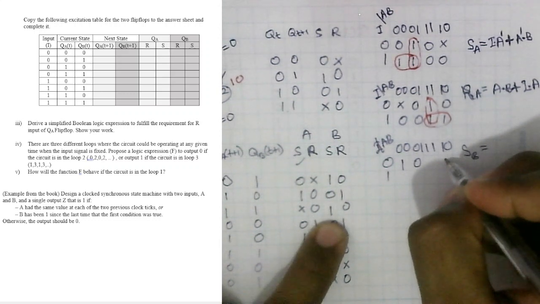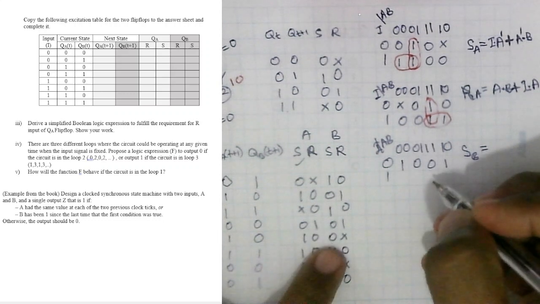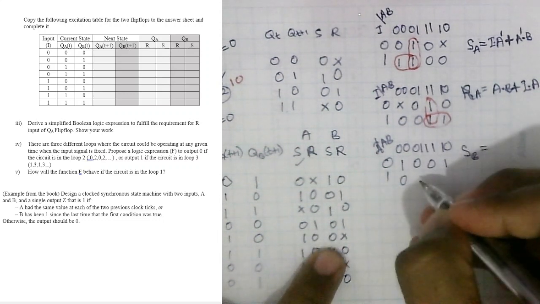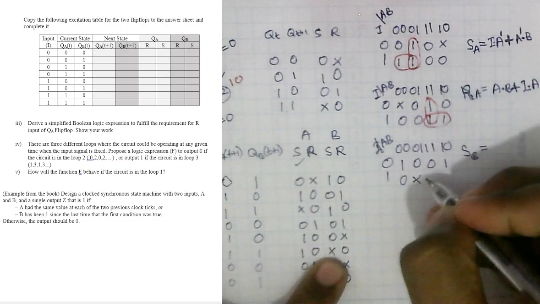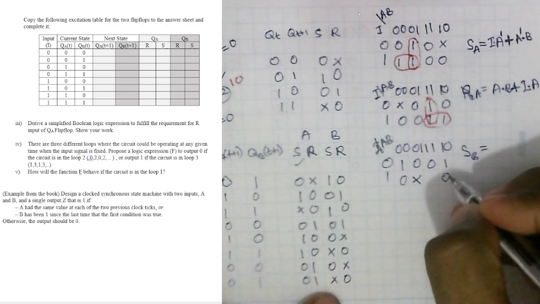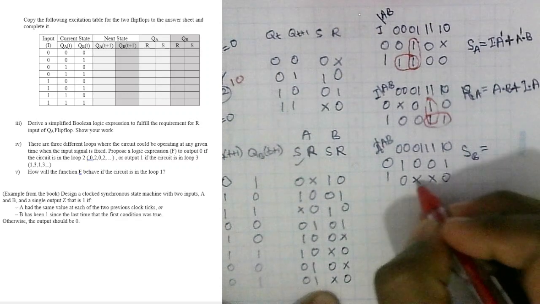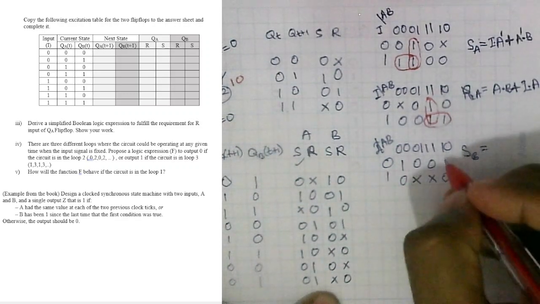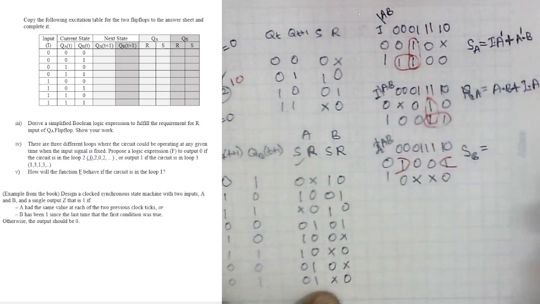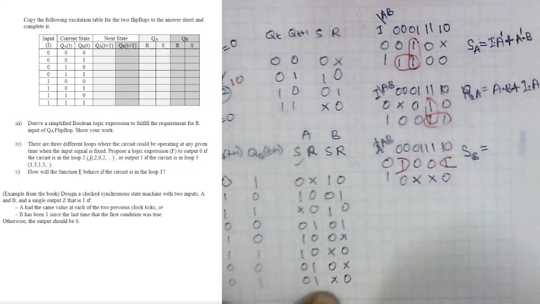Here the second position is 1, the third position is 0, the fourth position 0, the fifth position don't care, the sixth position 0, the seventh position don't care. So what are the groups? This one we can just ignore. There's a single group here, because this is wrapping around, you can use the single group available here.